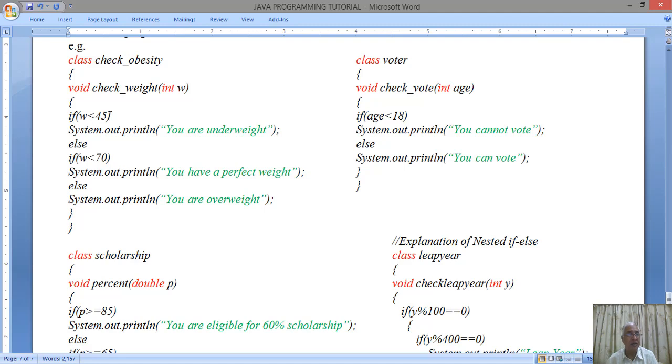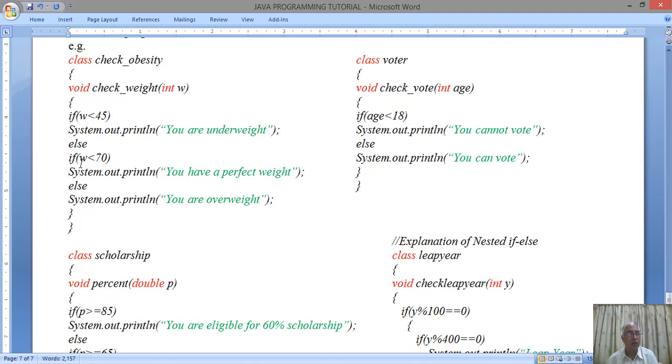Less than is a relational operator and 45 is the weight of the person. If w is less than 45, meaning from 1 up till 44 because it is an integer, System.out.println "you are underweight". So we print the message you are underweight.